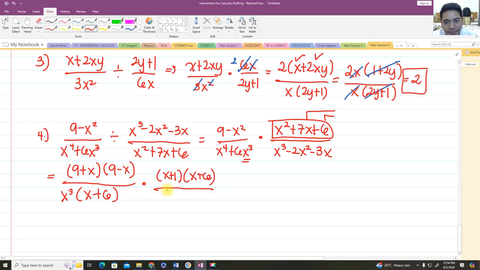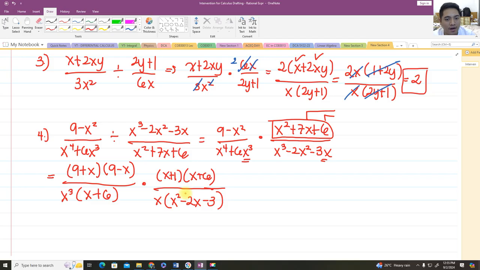All over. So as you can see, in the denominator of this, all have a common x. Okay, I can factor out x. That's the GCF. So you have x squared minus 2x minus 3. Okay. And this x squared minus 2x minus 3, can we factor this?